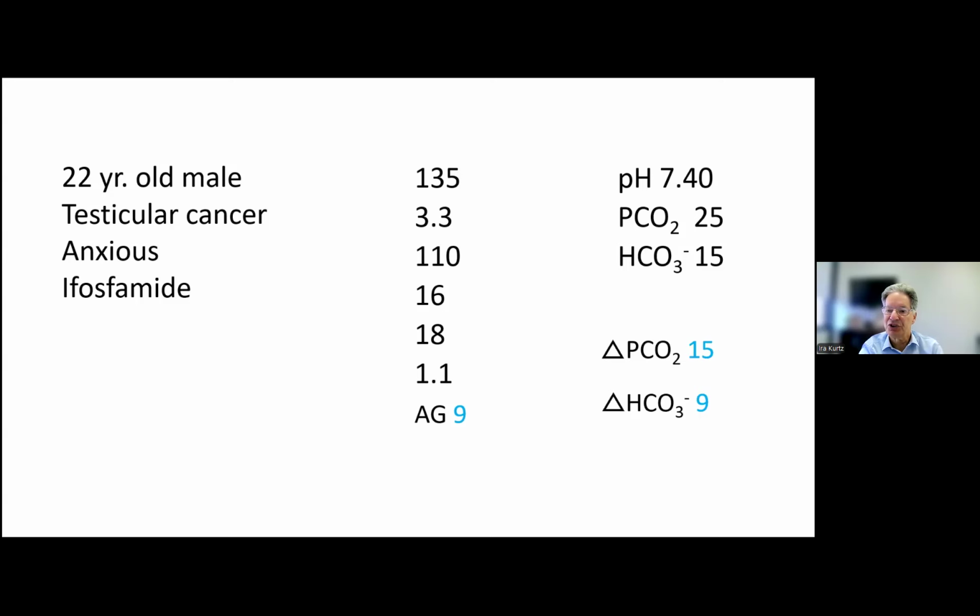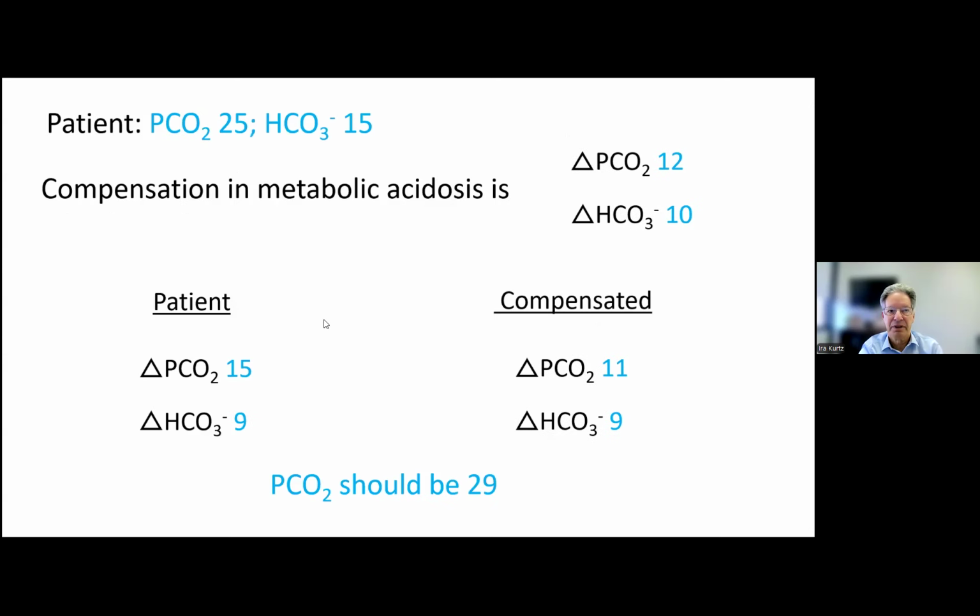So the PCO2 changed by 15 and the bicarb changed by 9. So remember the compensation in metabolic acidosis: for every 10 fall in the bicarb, the PCO2 should fall by 12. So in our patient, the bicarb fell by 9 and the PCO2 fell by 15.